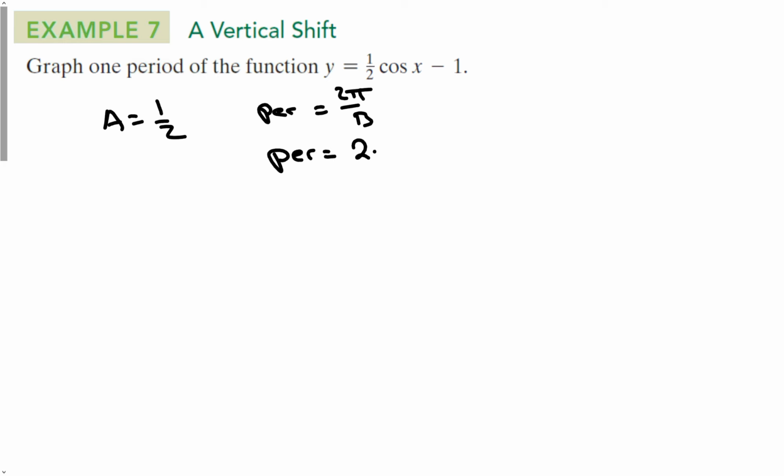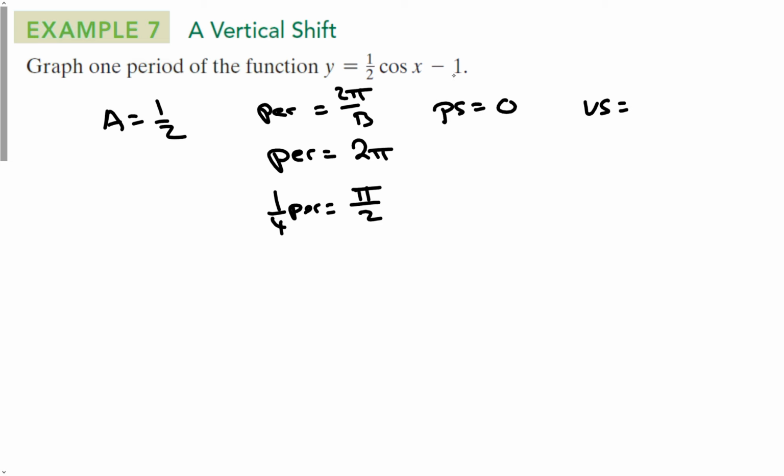The period is just 2 pi. Then the quarter period, which is pi over 2, 2 pi over 4. Okay. Then the phase shift. If this was in parentheses, that would be a phase shift, but it's not. So the phase shift here is 0. That's nice. Now we come to the last one, which is the vertical shift.